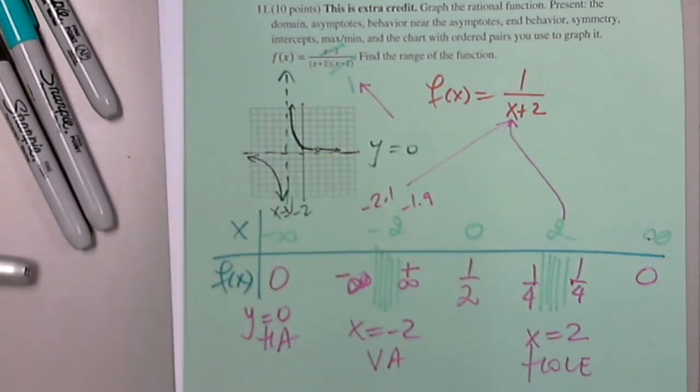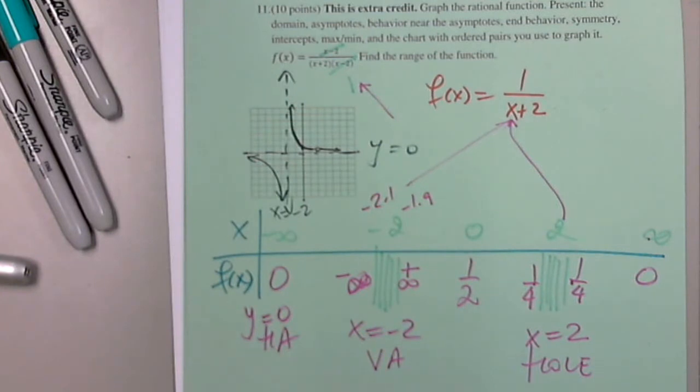Okay. So we understand there are no max min here, right? Look at my marker, please, and tell me what this function is doing always. It's going down. Are there max min?